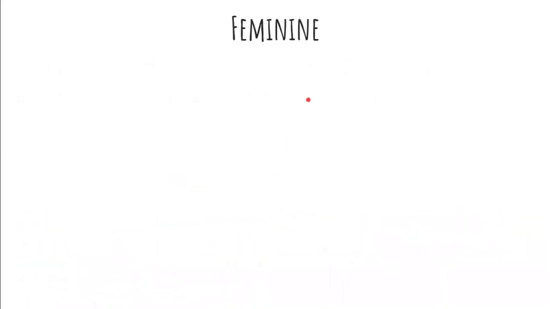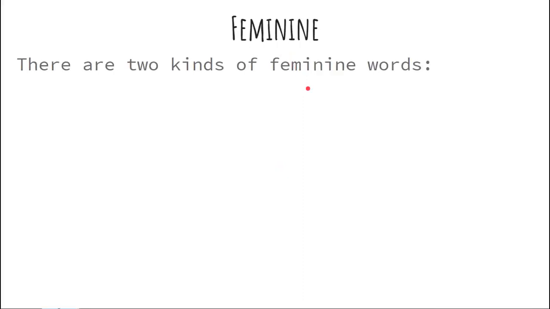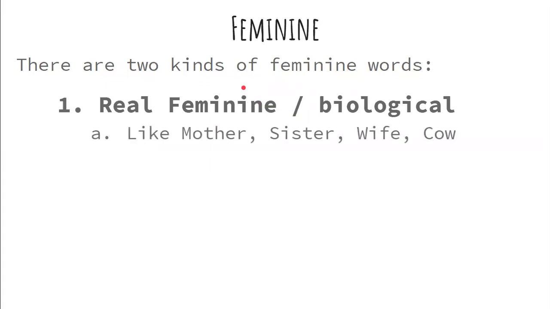We can divide the feminine words into two categories basically. How many categories of feminine words? Two. Number one is pretty simple: biological feminine, or real feminine. Those things which are actually female are considered feminine, like mother, sister, wife, cow.